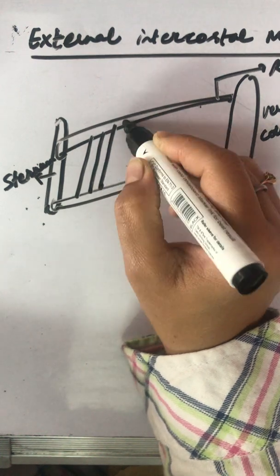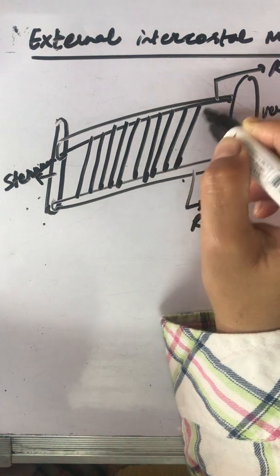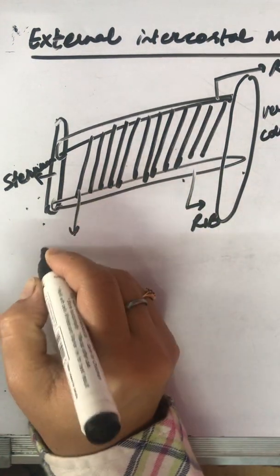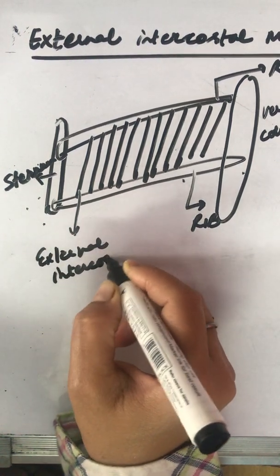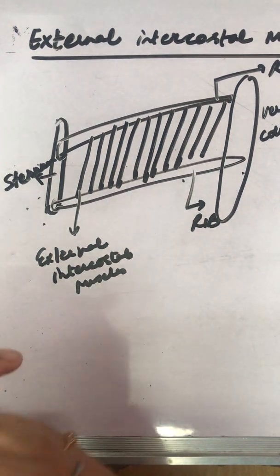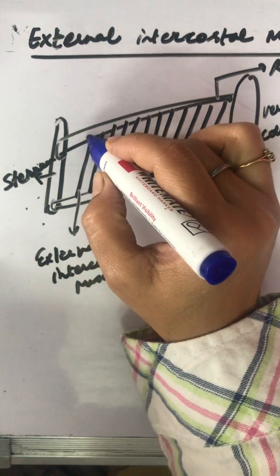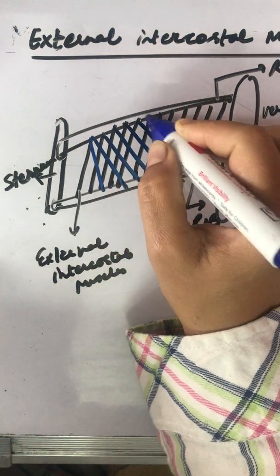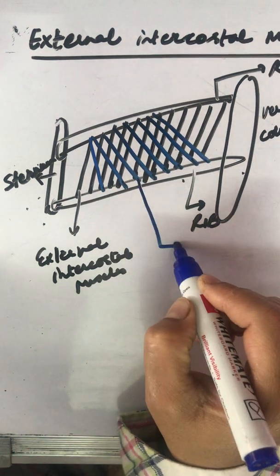One are towards this side, and these ones are known as external intercostal muscles. Fine. And then I am drawing the internal ones simultaneously. These crisscross are the internal ones. They are towards the inner side, the blue ones.